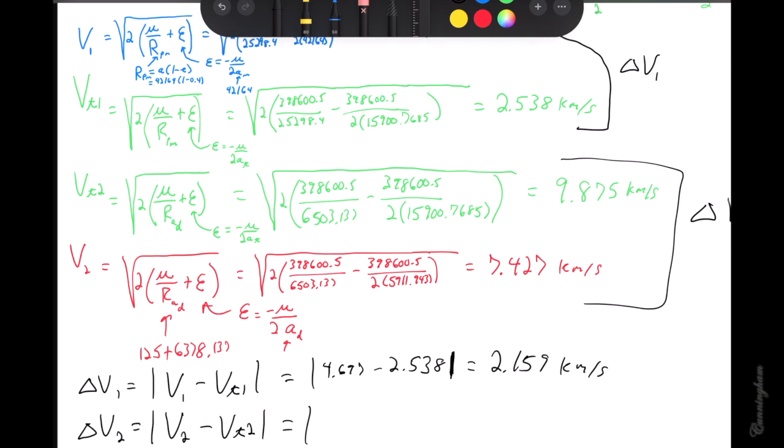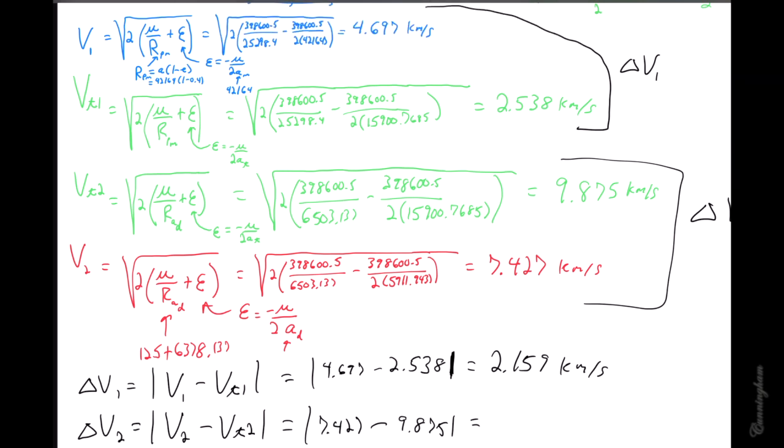Okay, V2, 7.427 minus V transfer right before we do the second burn, which is 9.875. All right, let's see here. 7.427 minus 9.875.